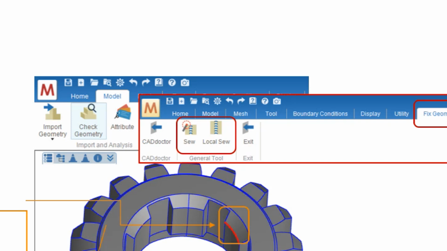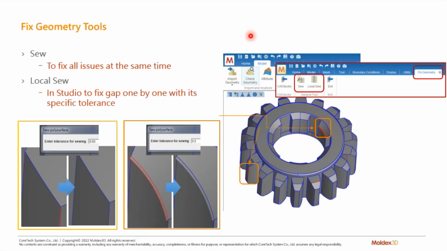So what's the difference between the two? Sew allows you to fix all the issues across your CAD at the same time. Local sew allows you to fix the gaps one by one, where you can specify local tolerances, specific tolerances. The sew is more global because it applies the same tolerance all across your geometry.